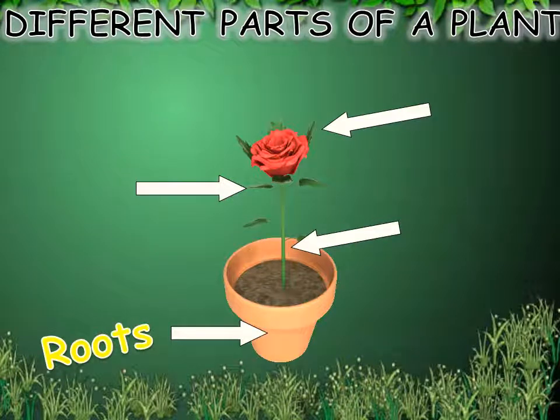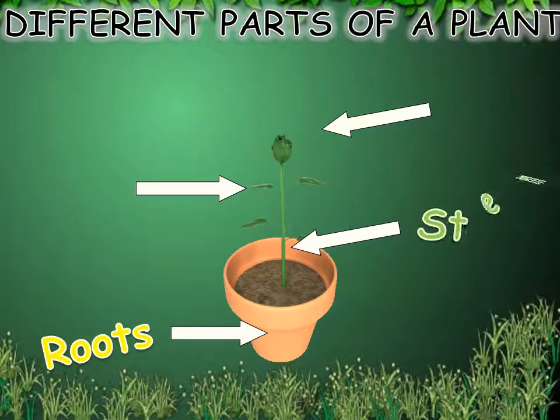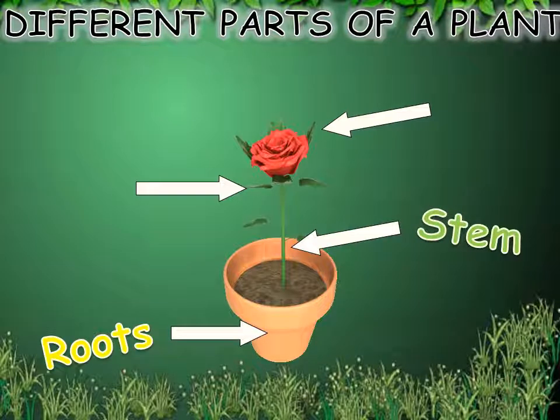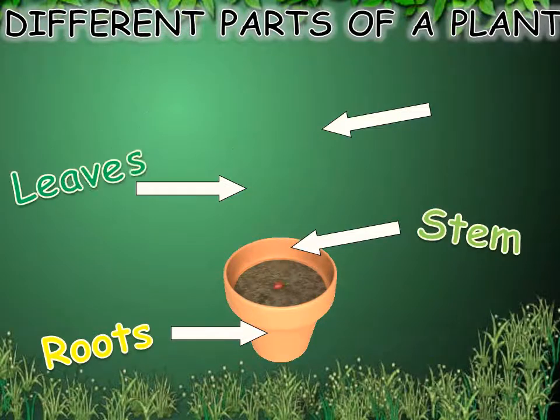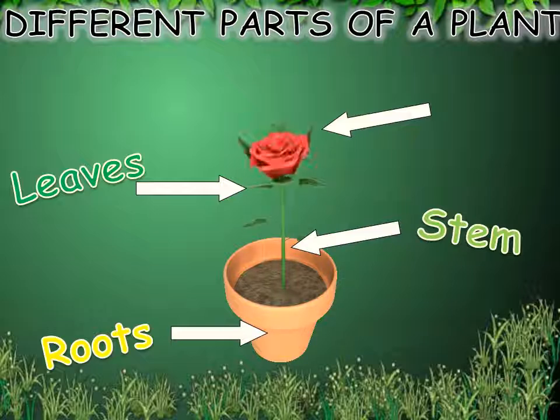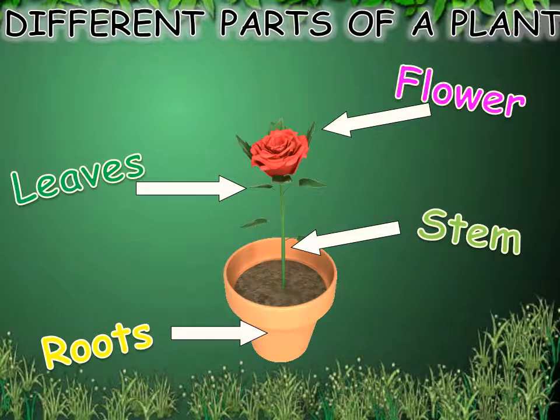Roots, the underground part of the plant. Stem. Leaves. Flower. Now we will learn edible parts one by one.